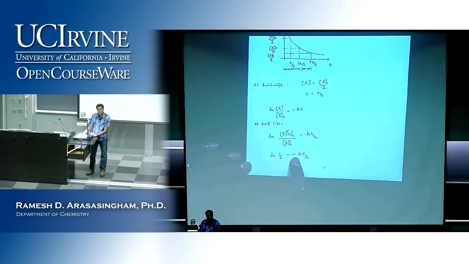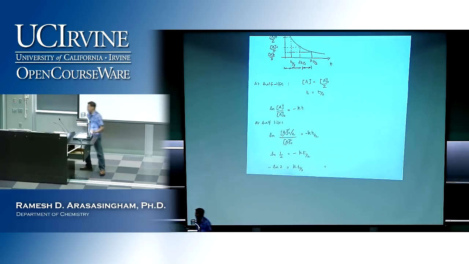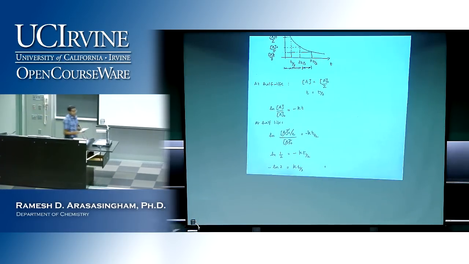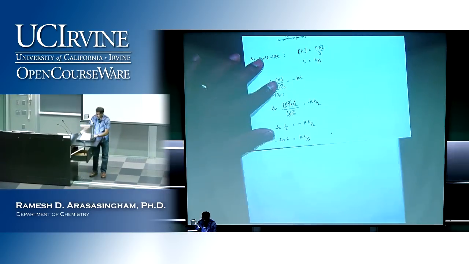Now, since there's a negative sign here, and to get rid of that negative sign, I'm going to take the inverse of that. So if I take ln half, mathematically it's the same as negative ln 2 equals k t half. All right? And so now I'm going to rearrange that and get a term for t half, which is the half-life.